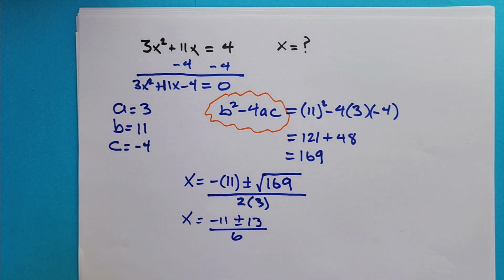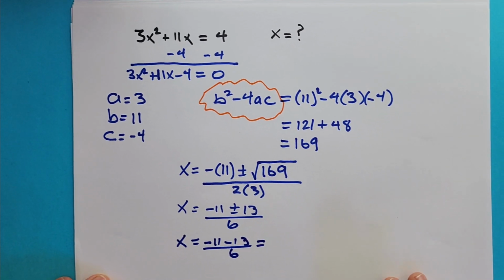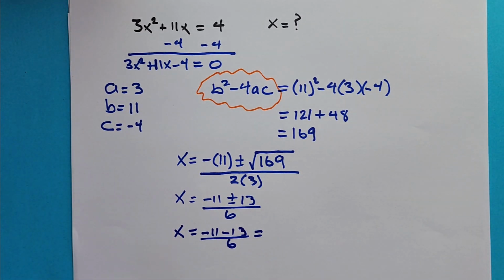All right, now we have no choice but to apply the plus or minus at this point. So x is equal to a negative 11 minus 13 over 6. And we're going to figure out what that gives us. So a negative 11 minus 13, when you subtract from a negative number, it sends you further in the negative direction.